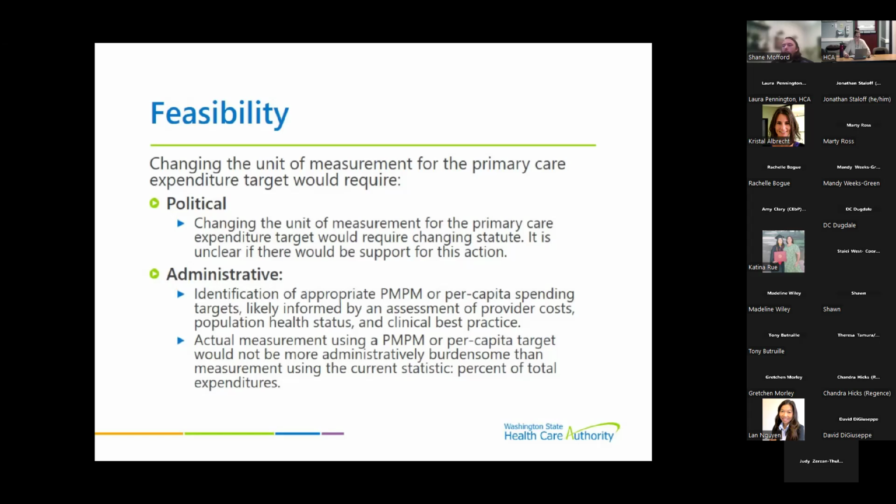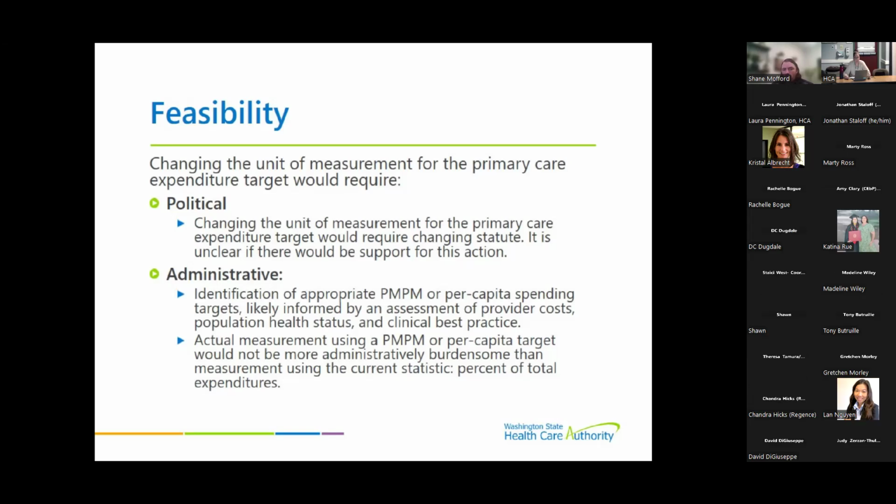And then actual measurement of using a PMPM or a per capita target, it wouldn't necessarily be more administratively burdensome than your current process of measurement using the percentage of total expenditures. And there is some infrastructure in place for the data collection and the calculation.